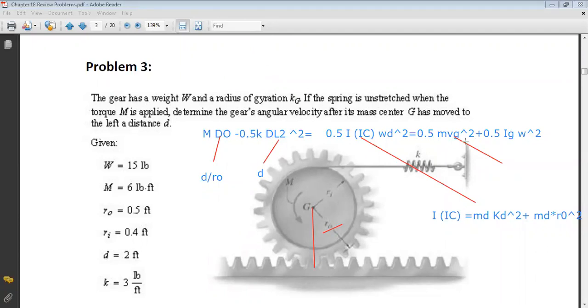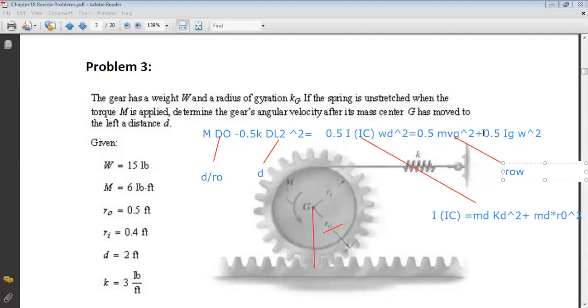If I write here, instead of Vg, I replace Vg by R0 times omega 2. Then if you take into factor 0.5 times omega squared, you will get in the bracket the inertia of IG, which is m k squared, plus you will go back to the same expression, because you will take into factor m R0 squared.